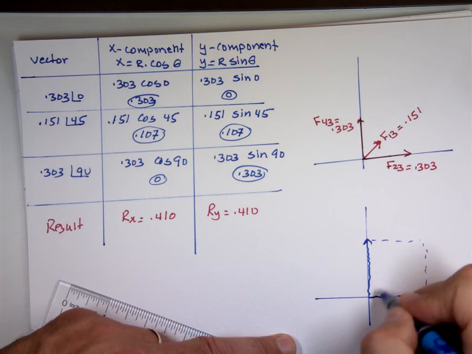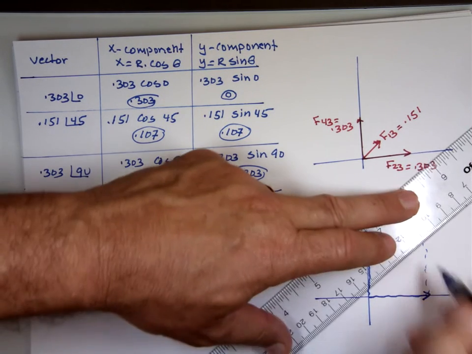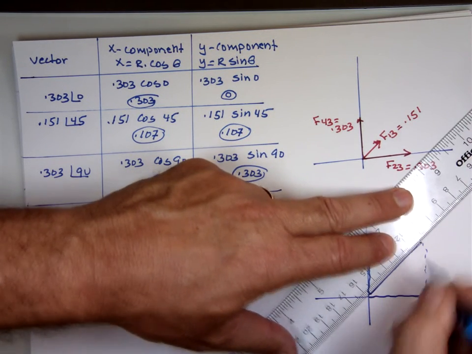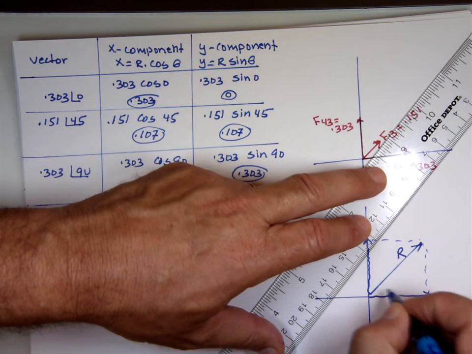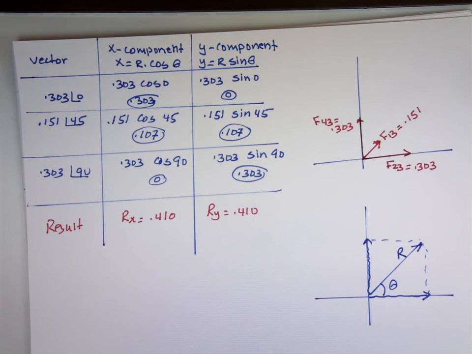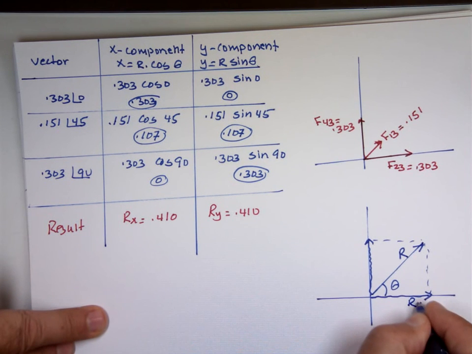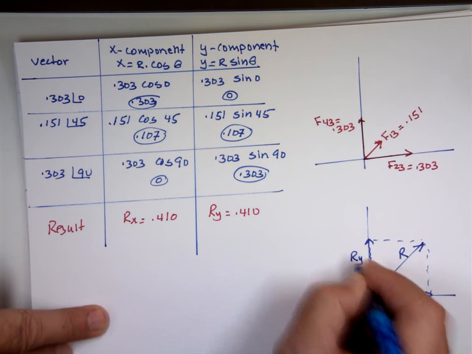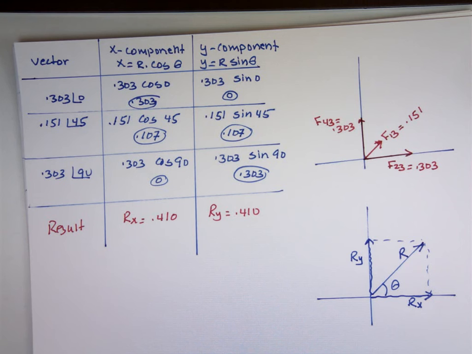This is what the net result is going to be. And this is what theta is. This piece is r sub x. This is r sub y. So I know I'm in the first quadrant, which means I'm good with my angle. I don't have to adjust it.